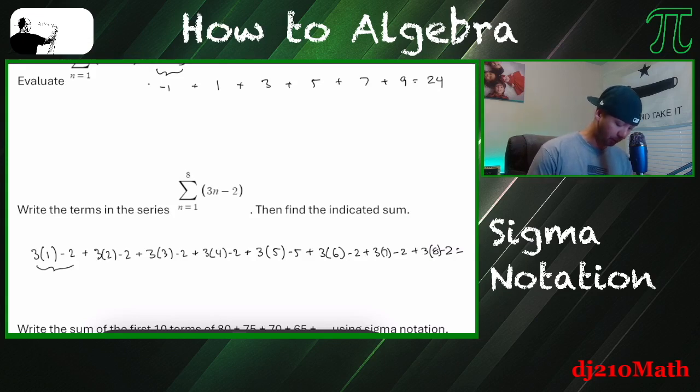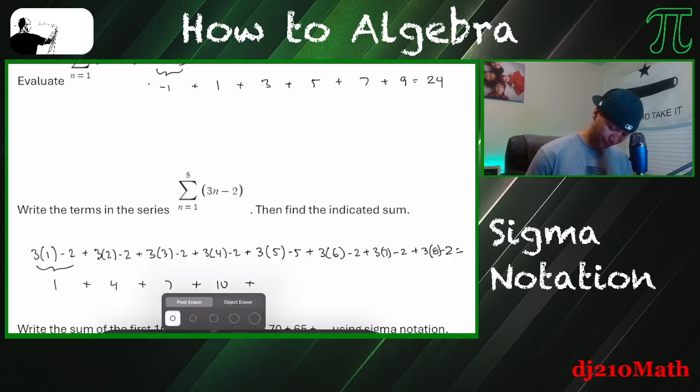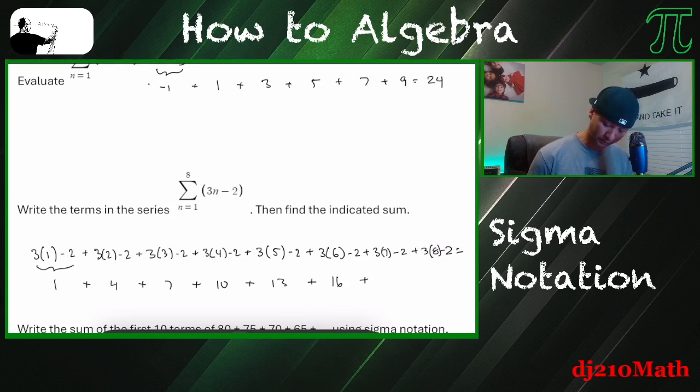So 3 minus 2 is 1. 6 minus 2, 4. 9 minus 2, 7. 12 minus 2 is 10. 15 minus 2, 13. 18 minus 2, 16.